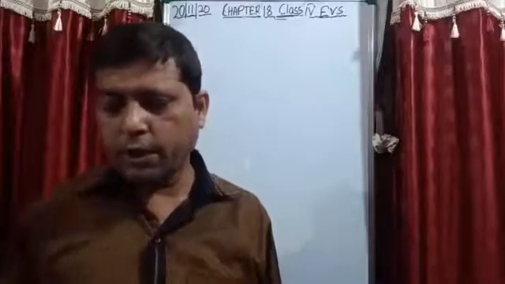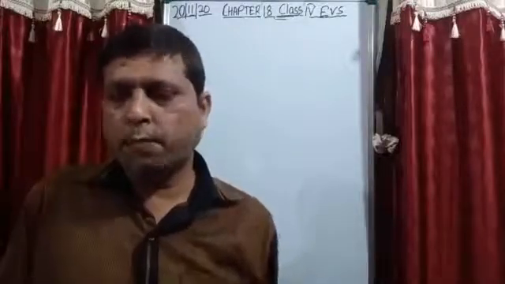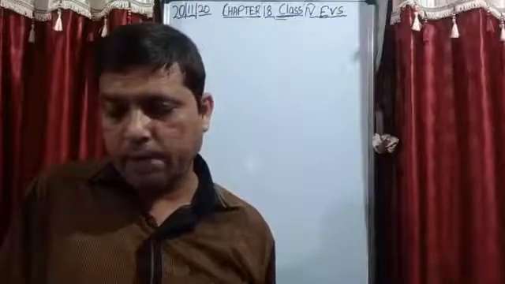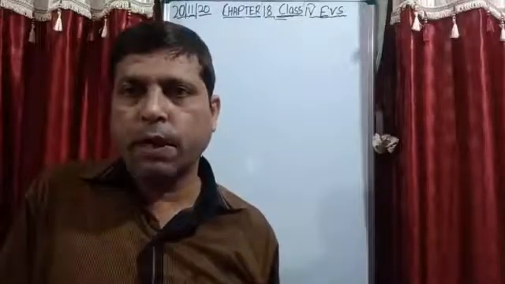Then question number E, give short answers to the following questions. All three questions, what is a map, why do we need a map, and what is an index map, these short answer questions we have completed in our classwork copy.